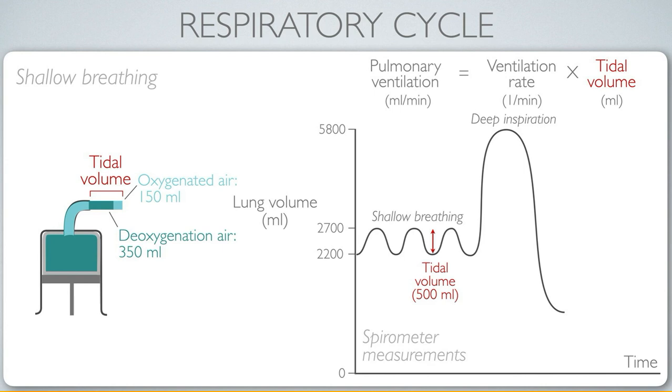And here we see that plasticity in the respiratory system. Because skeletal muscles are driving these changes in thoracic volume, you have the ability to actively, consciously change the volume of the thoracic cavity and therefore the volume inside of the alveoli.